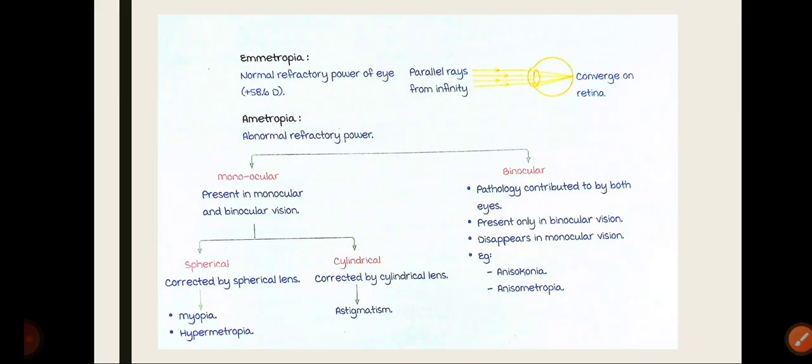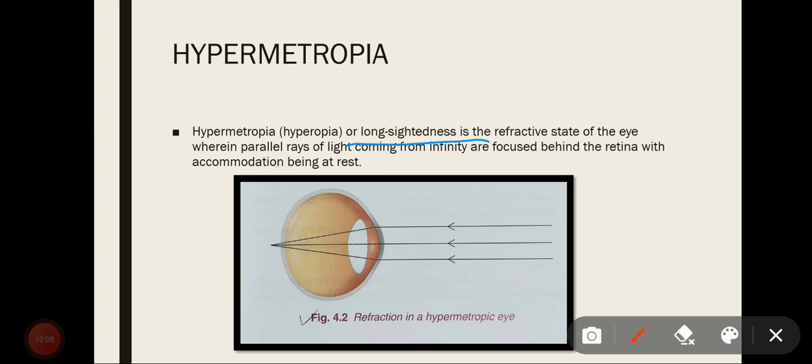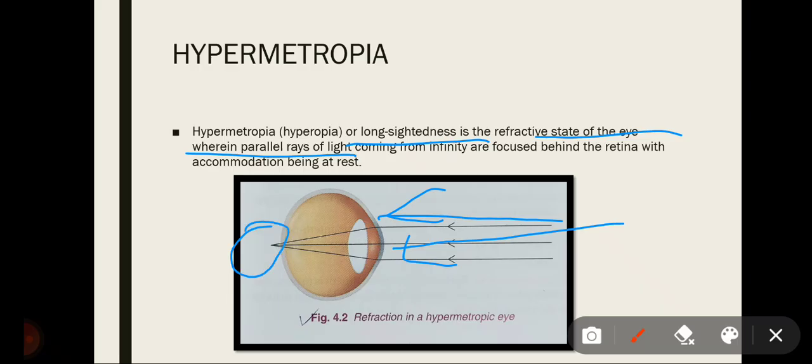Next, we dive into hypermetropia. So what is hypermetropia? Hypermetropia or hyperopia or long-sightedness is the refractive state of the eye wherein parallel rays of light coming from infinity are focused behind the retina, with accommodation being at rest.